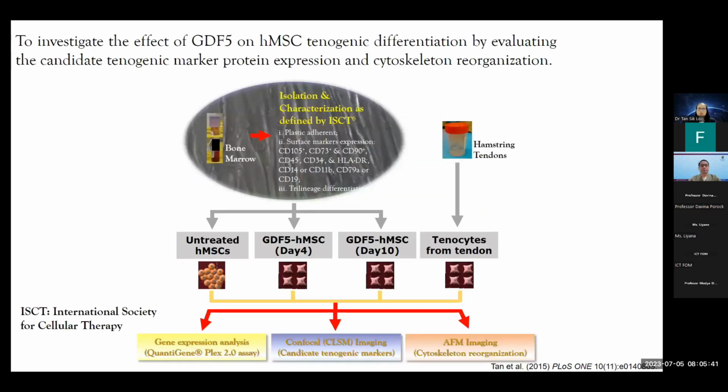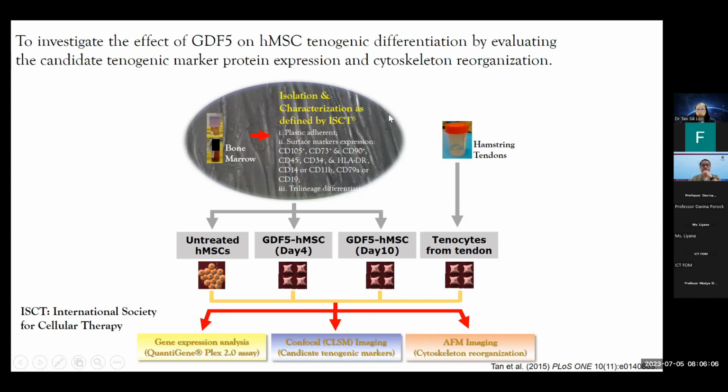To investigate the effect of GDF5 on MSC tenogenic differentiation, we evaluated several tenogenic markers and the cytoskeleton reorganization. In this work, we isolated the mesenchymal stem cells from bone marrow, and we characterized them based on the criteria defined by ISCT.